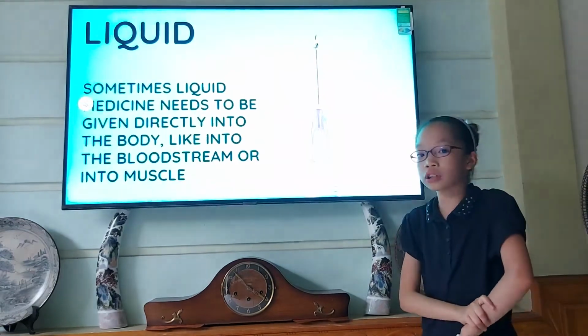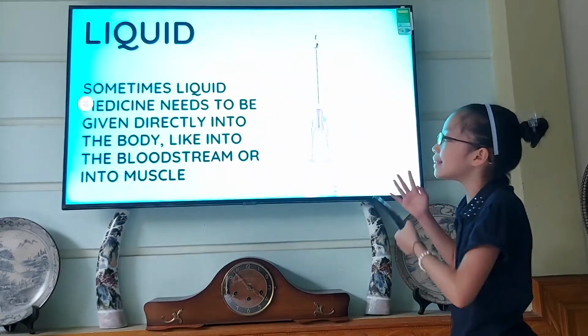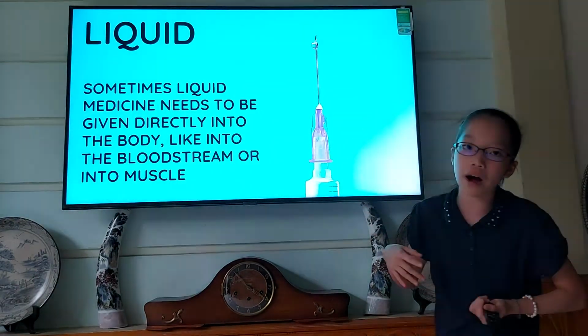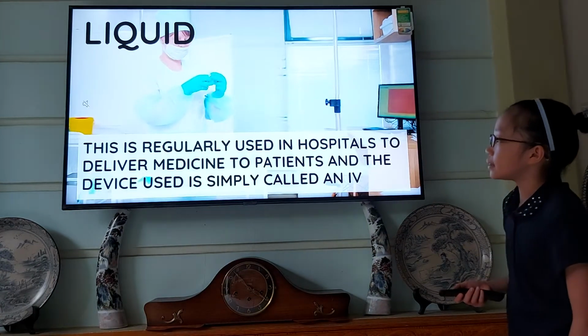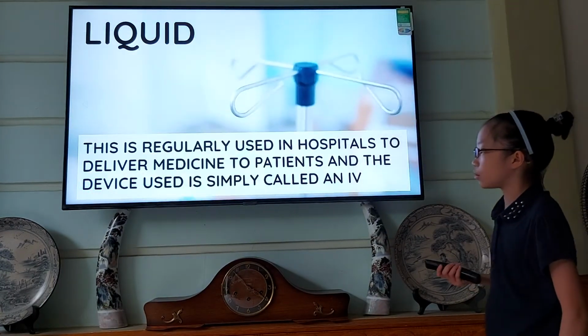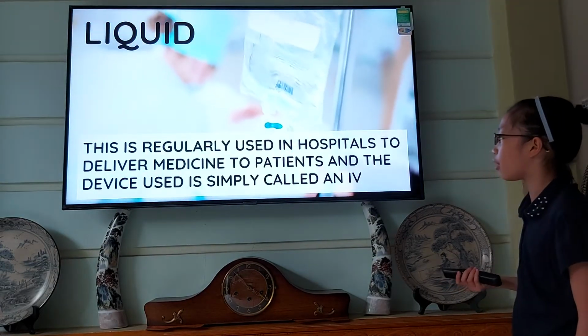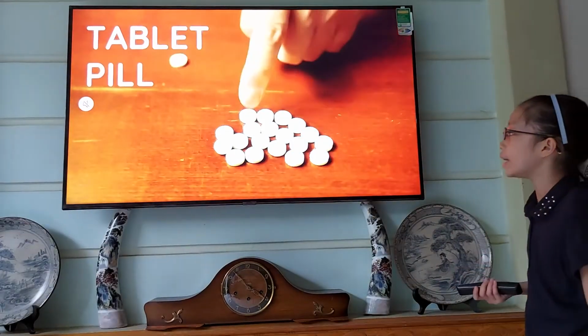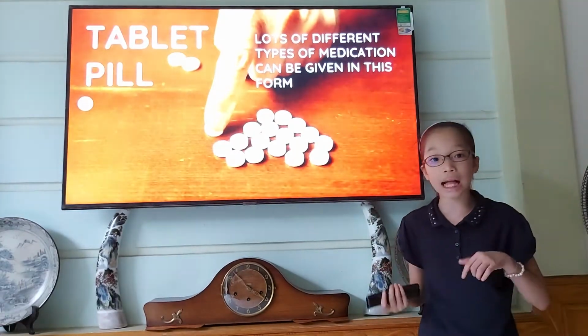The nurse or the doctor will know where your bloodstream is and they will give the liquid directly into the body. This is regularly used in hospitals to deliver medicine to patients, and the device used is simply called an IV.